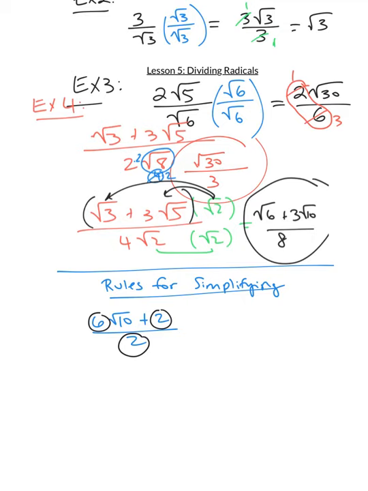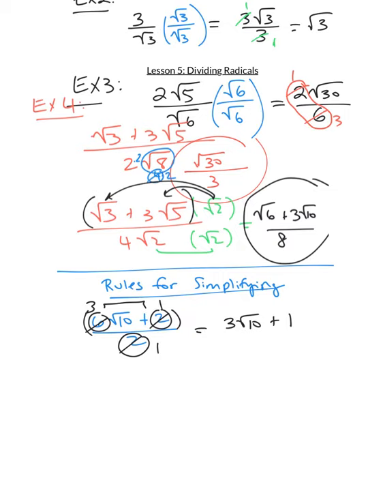The reason is because you're basically taking out a common factor. There's a parentheses here for both terms. So 2 goes into itself once, it goes into 6 3 times, and it goes into 2 once. So my final answer for something like this would be 3 radical 10 plus 1, all over 1, which I don't need to show. So just leave it as 3 radical 10 plus 1.